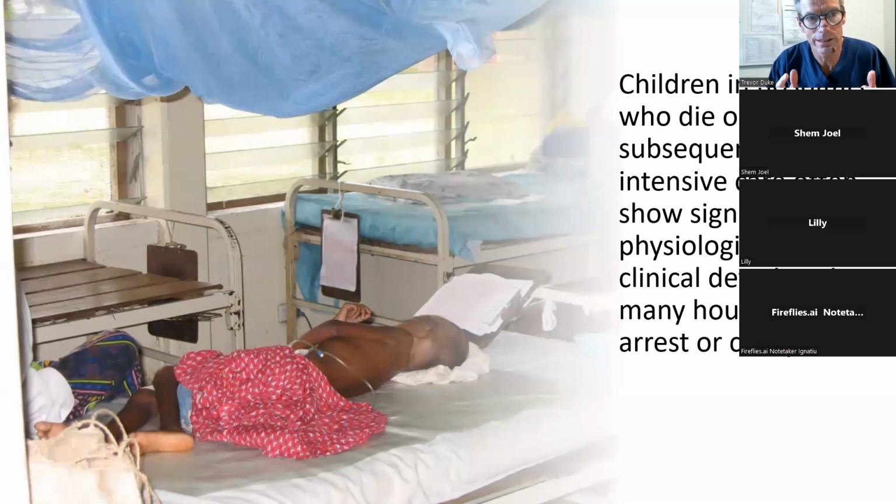And if we can identify children before they have a bad event, then they have a much better outcome. And there are now ways and systems in which that can be done. So I want to go through them today and talk about the ways in which we can structure hospitals and services to prevent deterioration and identify it when it happens.